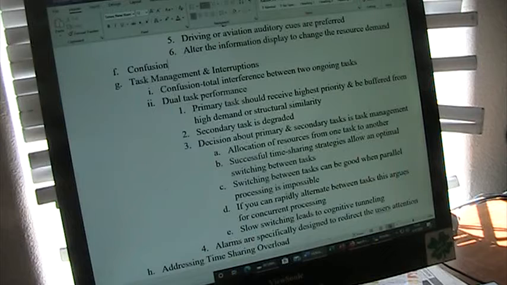When we're talking about dual task performance, then we want our primary task to get the highest priority, and it should be buffered from high demand or structural similarity.